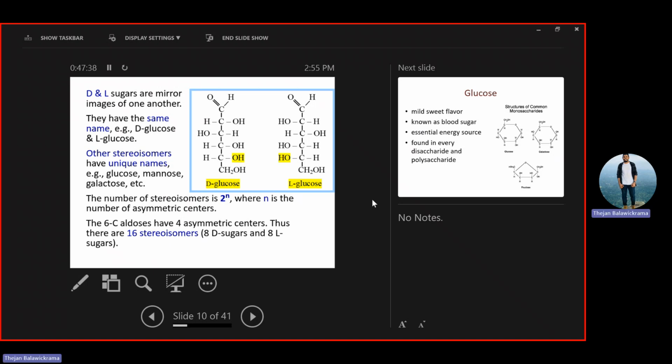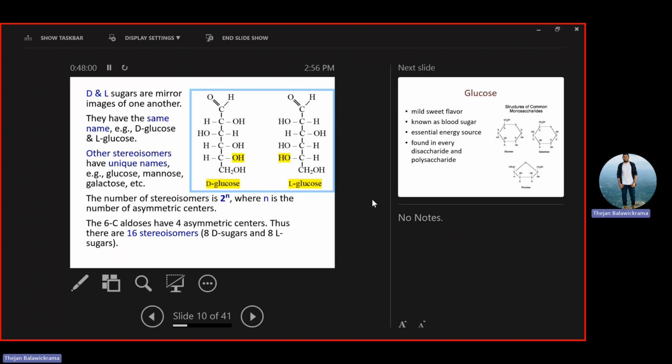Right. Now, if we further discuss that, these are the 2 same diagrams I copied from the previous one. Now, this particular carbon atom is a chiral carbon. Okay, let's talk about this one. This is a chiral carbon atom.